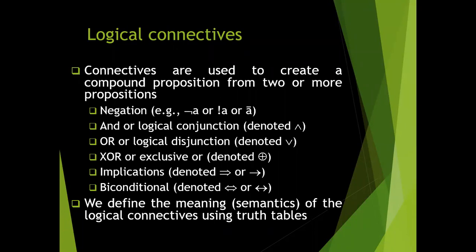And then the biconditional is denoted by a bidirectional arrow. The biconditional connective will be a bidirectional arrow. We now define the truth tables of the logical connectives and their precedence.